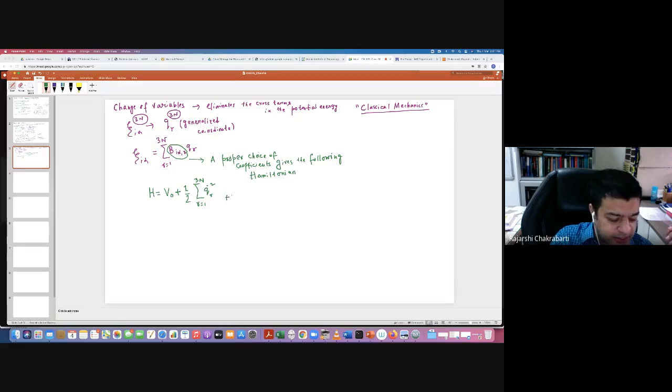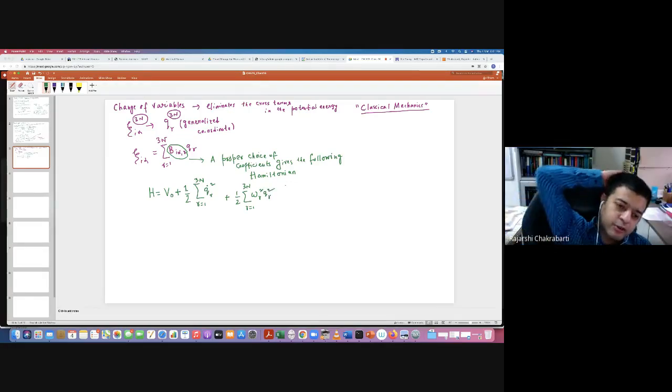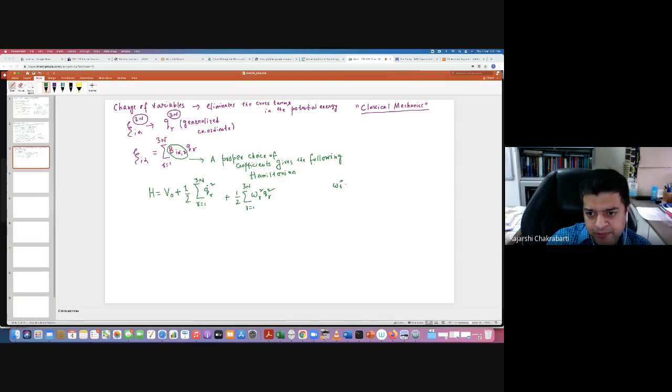What is potential energy? You're going to get half, as if your mass is unity. Can you see this? Of course, these omega_r squares are positive constants.